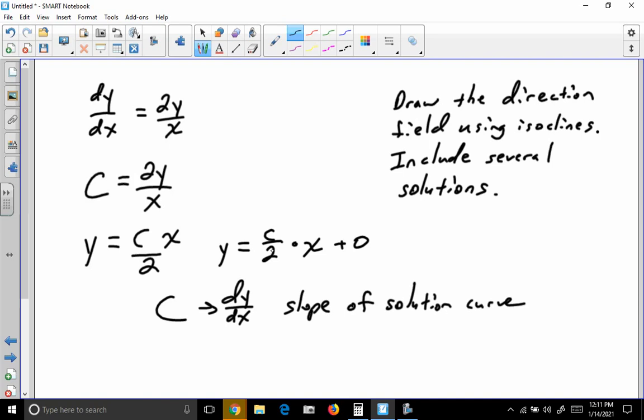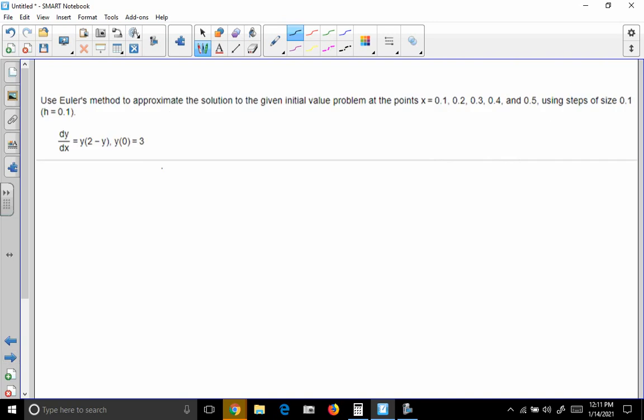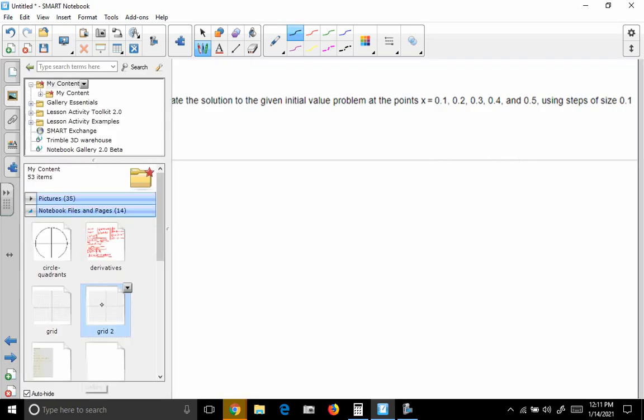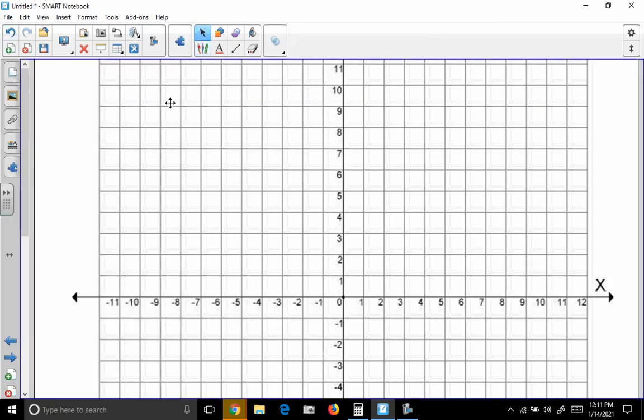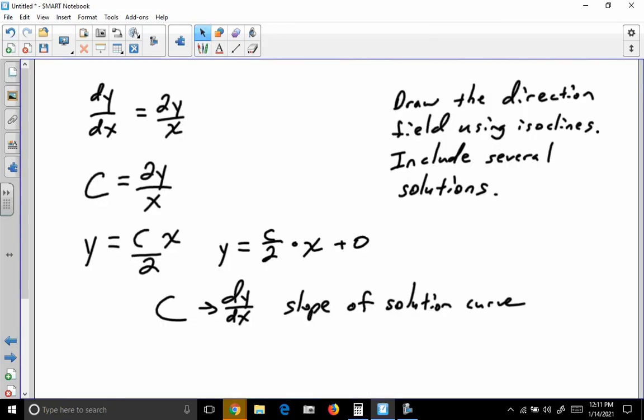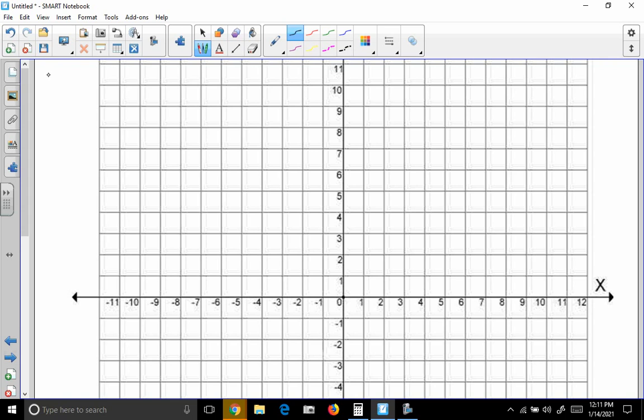That divided by 2 is the slope of our isocline. Let's sketch a couple. Try to do just enough to give you the general idea here. So let's write our equation for our isocline: y is C over 2 times x.